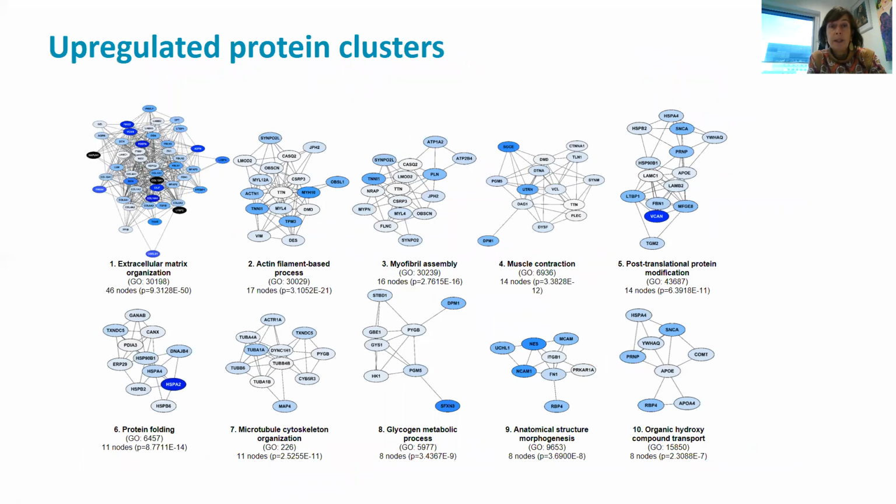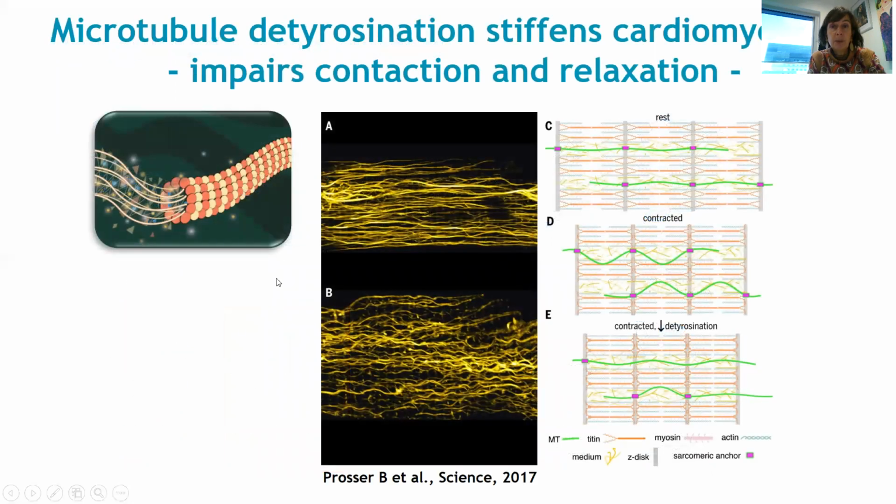So we did look further at which protein clusters are altered, and one cluster really got our attention, and that was the microtubule cluster, which showed upregulation of proteins. And why were we triggered by this? Well, the team of Ben Prosser performed many beautiful studies and showed that a change in microtubules, and more specifically an increase in microtubule detyrosination, stiffens cardiomyocytes and impairs contraction and relaxation of the heart.